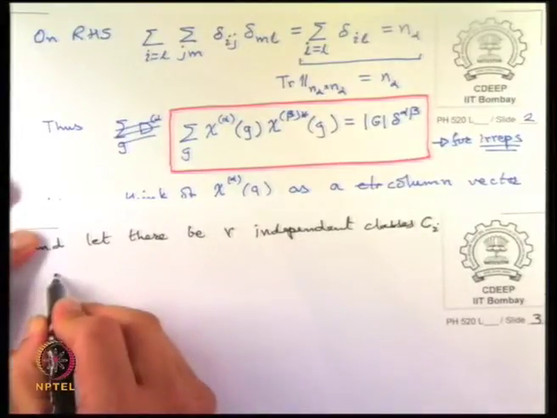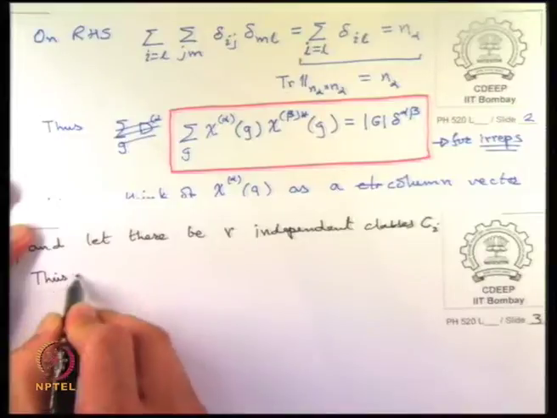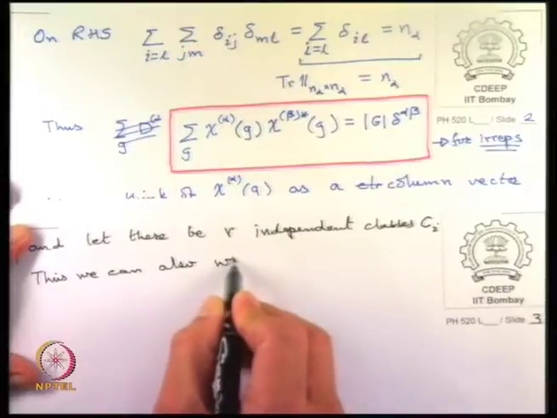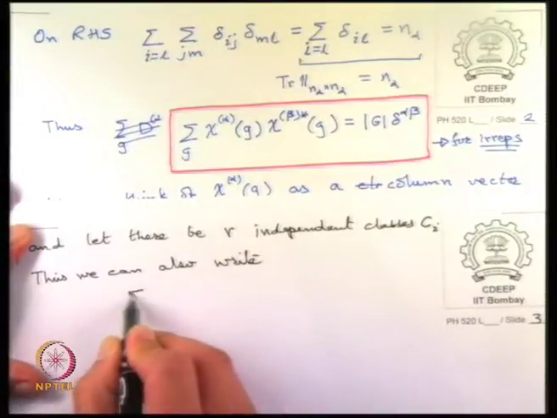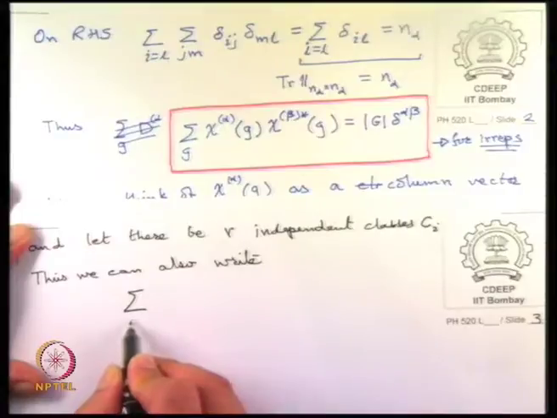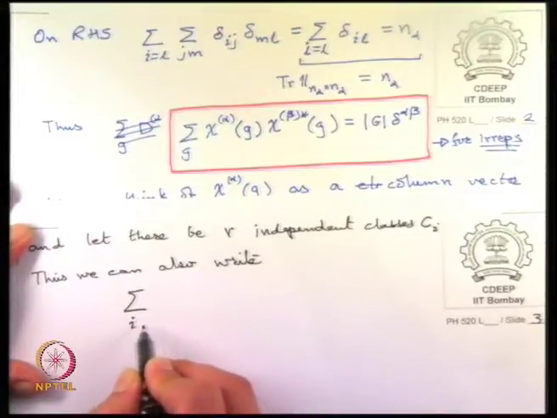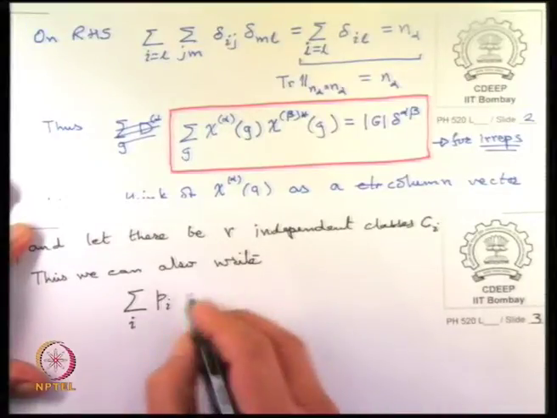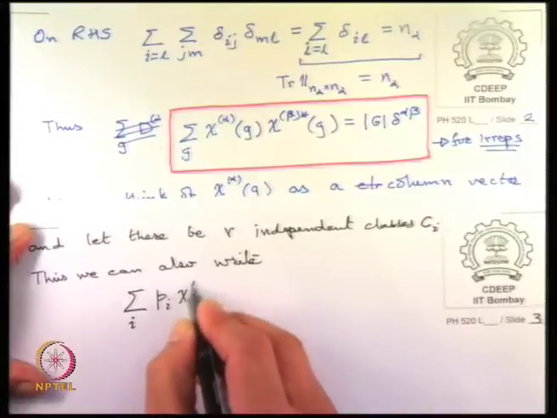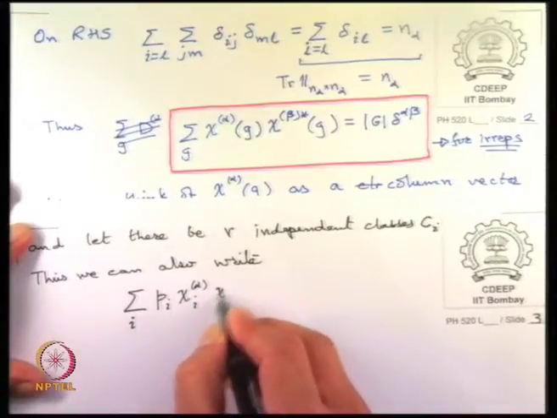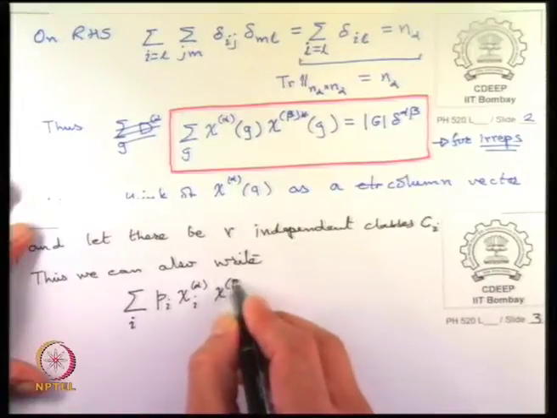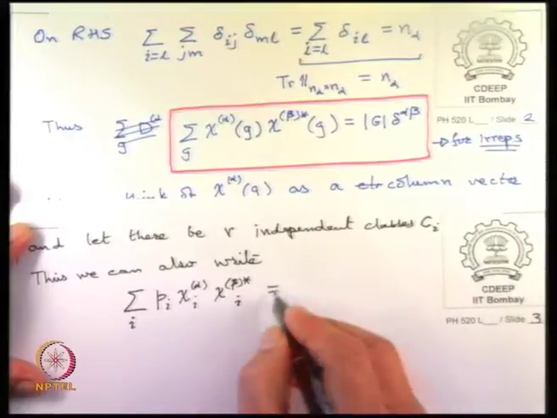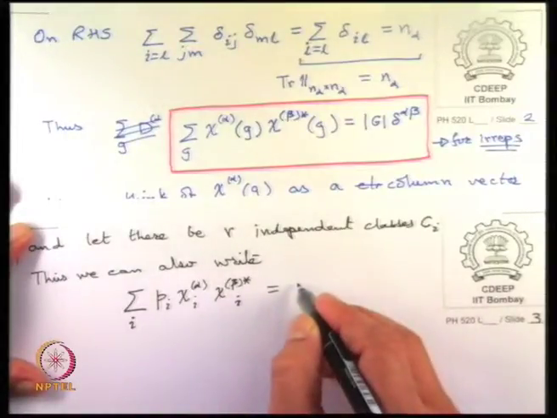So thus we can also write the sum over the conjugacy classes i, Pi, chi i alpha, chi beta star i, equal to modulus G times delta alpha beta.